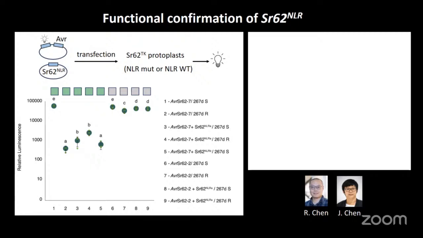Only when we delivered the functional NLR and a functional effector were we able to elicit a cell death response and quench the reporter gene activity. So this was a very nice, very quick way to validate the function of the NLR.